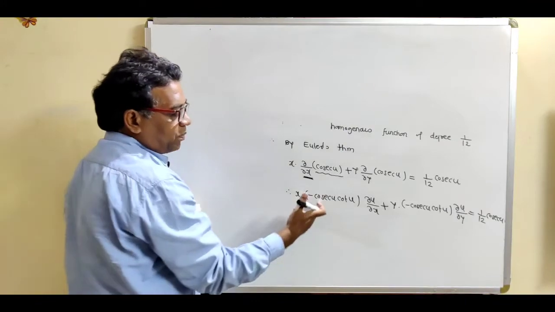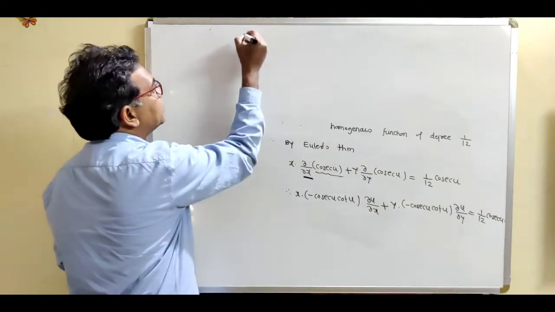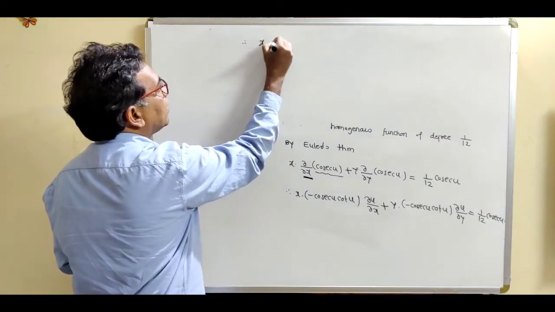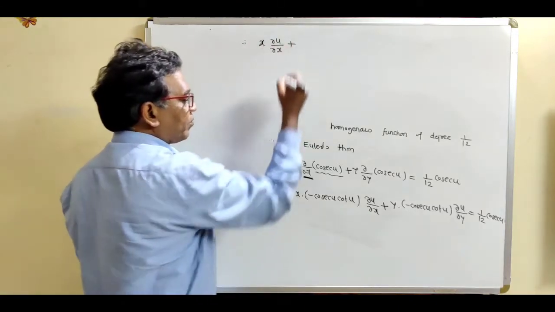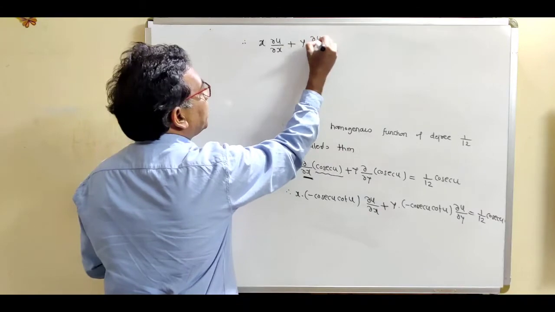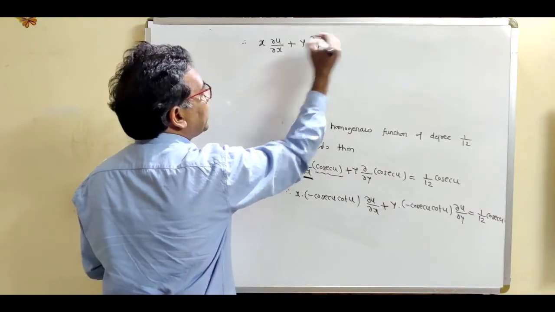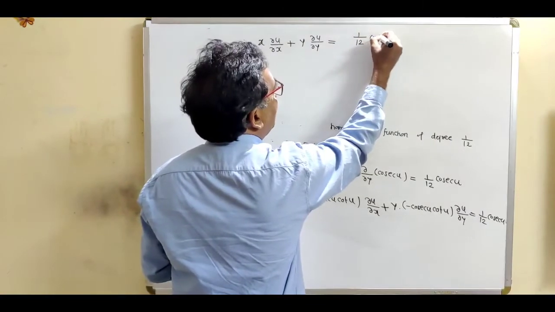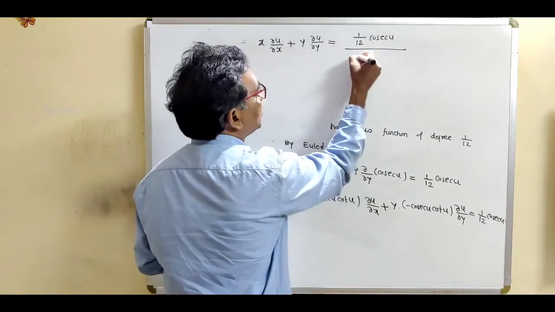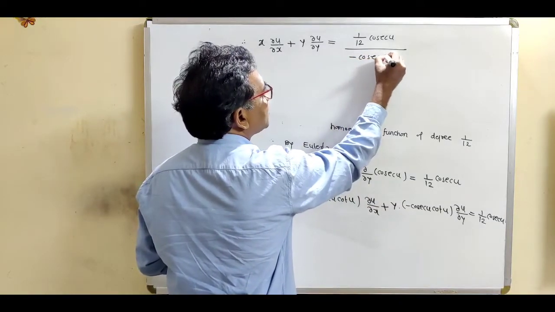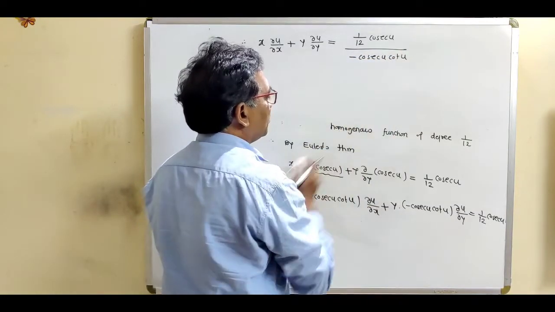So now divide throughout by minus cosec u cot u. So this is x into del u by del x plus y into del u by del y is equal to 1 upon 12 cosec u, and divide throughout by this total term, which is minus cosec u into cot u.